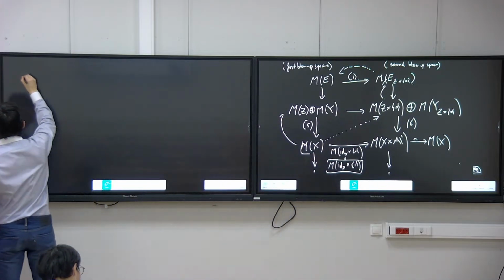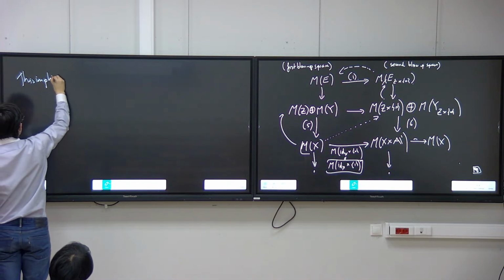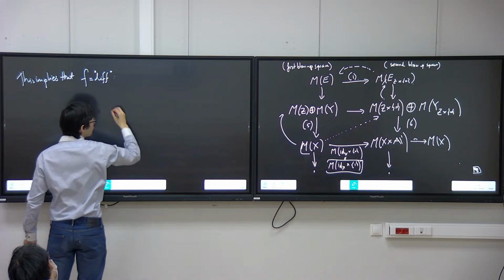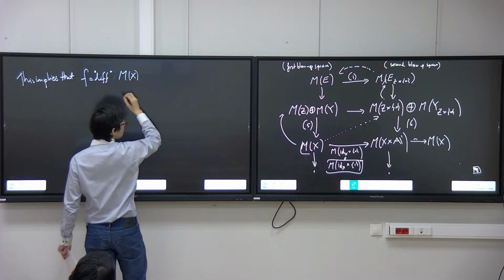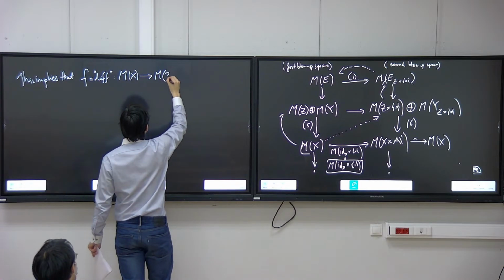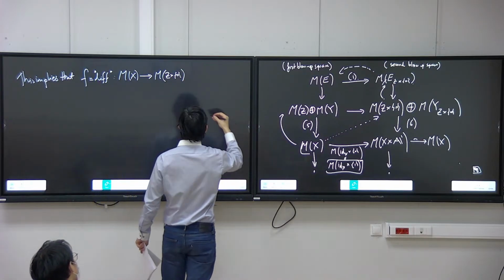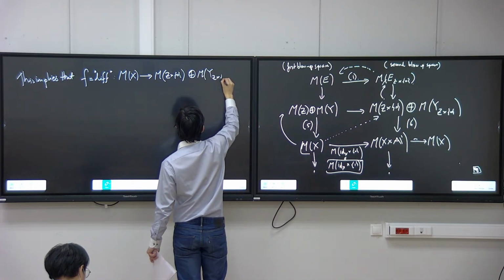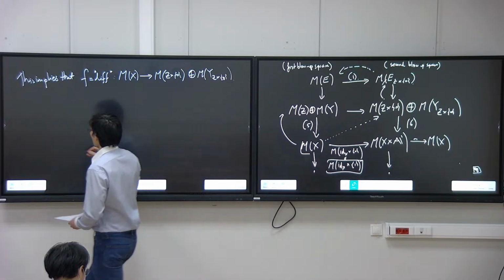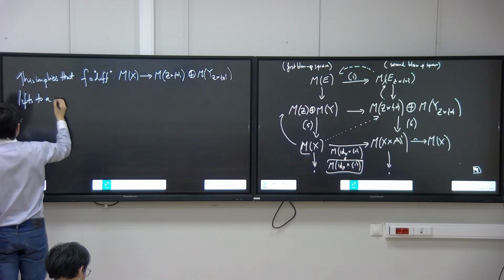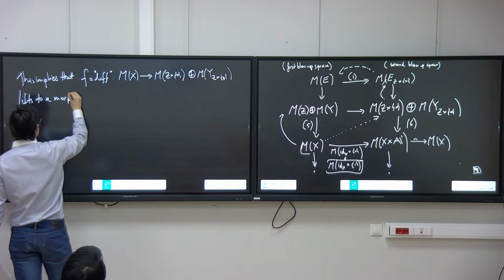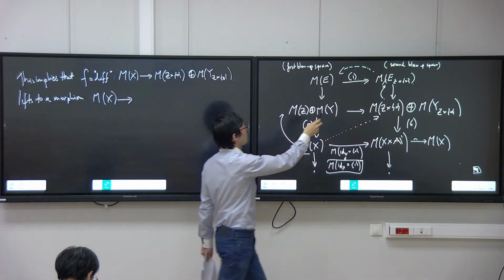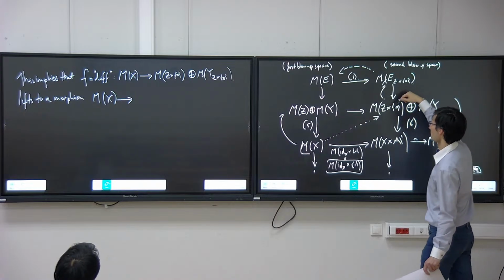So this implies that F, our difference morphism, which goes from, I just remind you, M of X to M of Z, the locus along where we blow up when we include A1, and the motive attached to the actual blow up of the second blow up, lifts to a morphism, let's say M of X to the very top guy here, because it's 0 here, so it must be okay to lift it here.